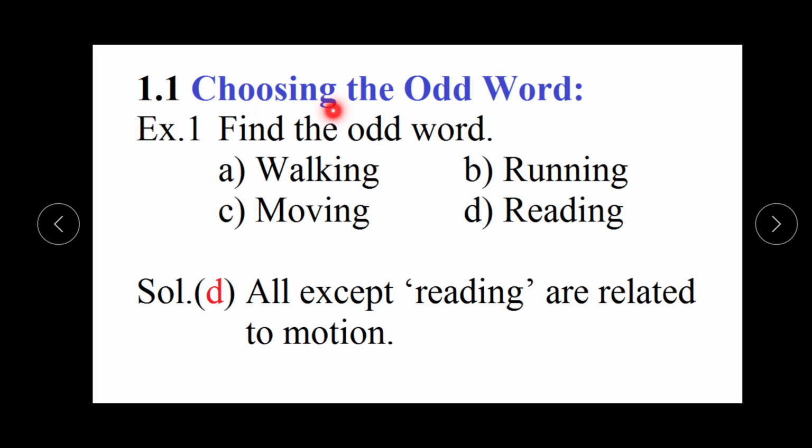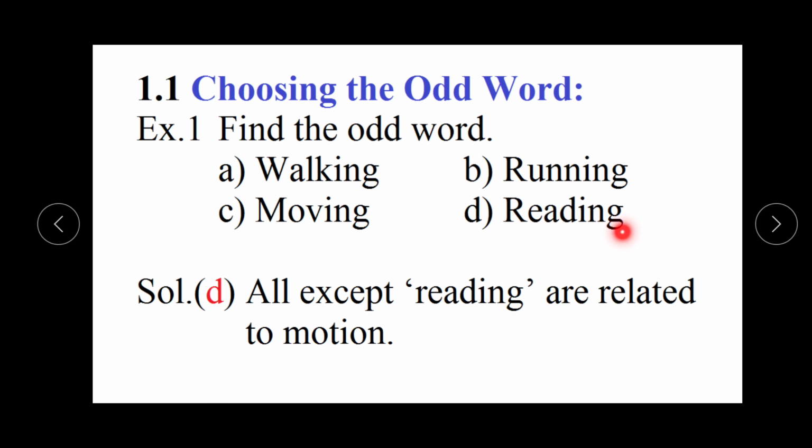First, we will discuss choosing the odd word. For example, find the odd word. It means there are four words and we have to find out which word is different from the remaining three words. The first one is walking, running, moving and reading.